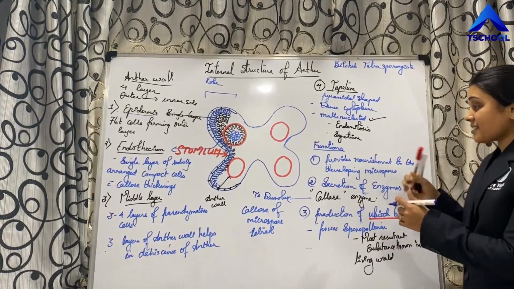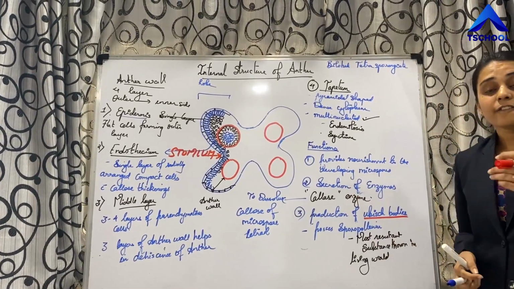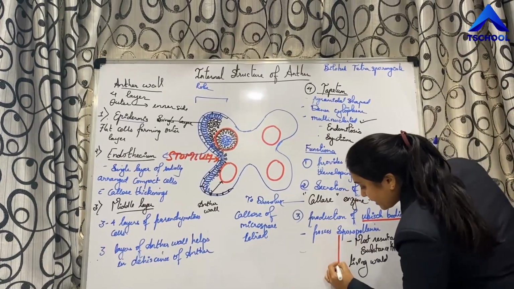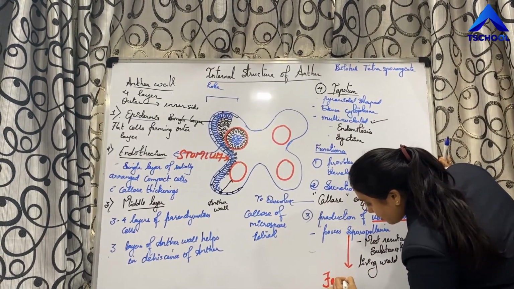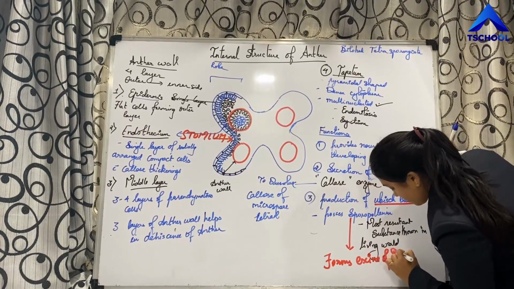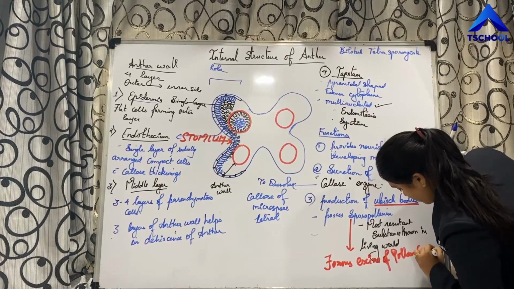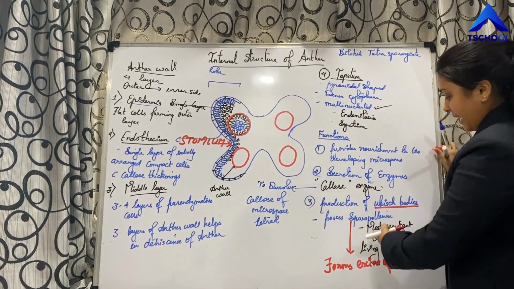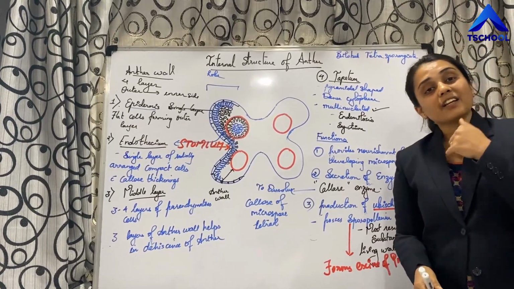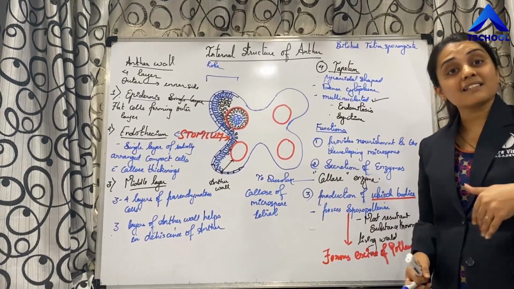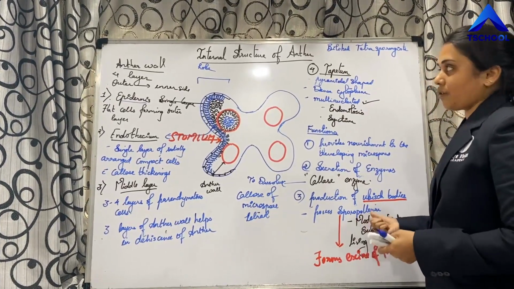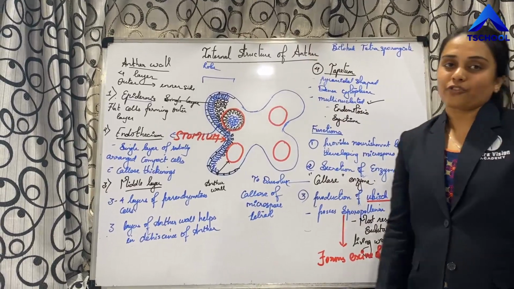It is the most resistant substance known in the world, which means if we are consuming these pollen grains, the outer wall of the pollen grain is made up of sporopollenin. It is very resistant. Even the hydrochloric acid present in our stomach is not able to dissolve it. So that is about the internal structure of the anther.